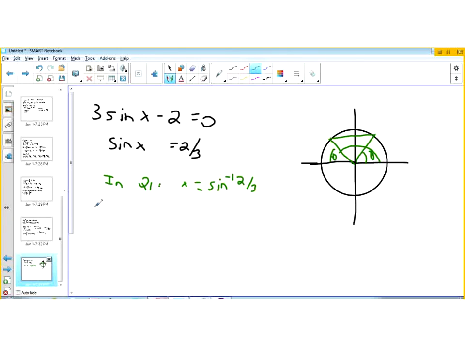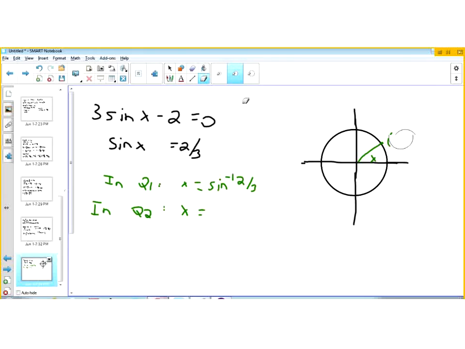Now in quadrant 2, we have theta, or x in this case. I'm sorry, that should be in terms of x. Sorry about switching variables. So here's x. The sine of x is 2/3. So that means the ordinate of this point is 2/3.